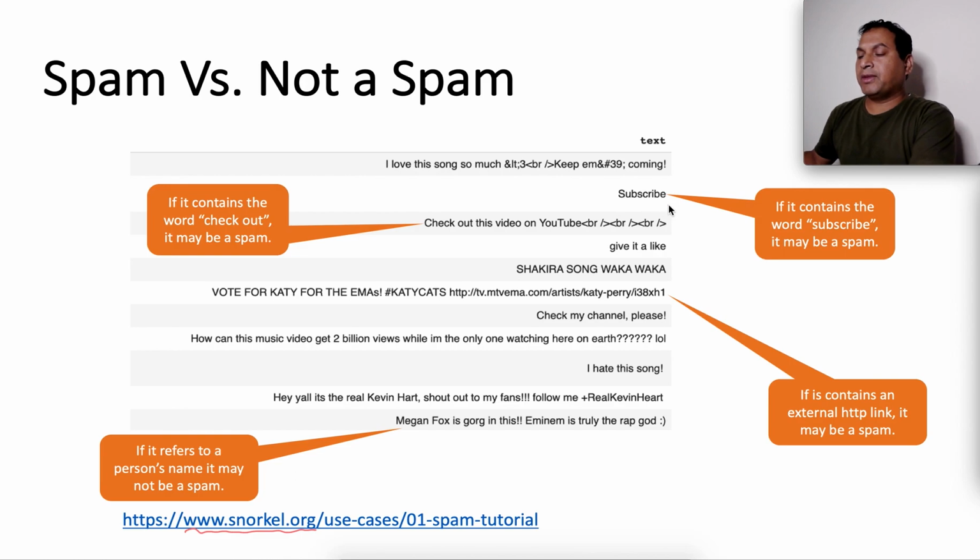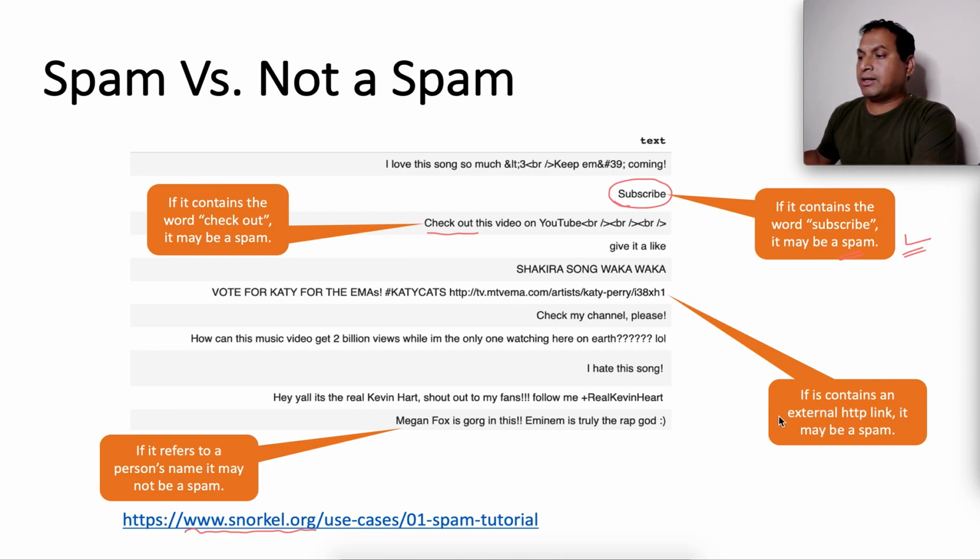Let's say if there is a word called subscribe in the message, probably it is spam. Not very deterministically, maybe probabilistically. And if the message contains a word called checkout, it can also be a spam message.